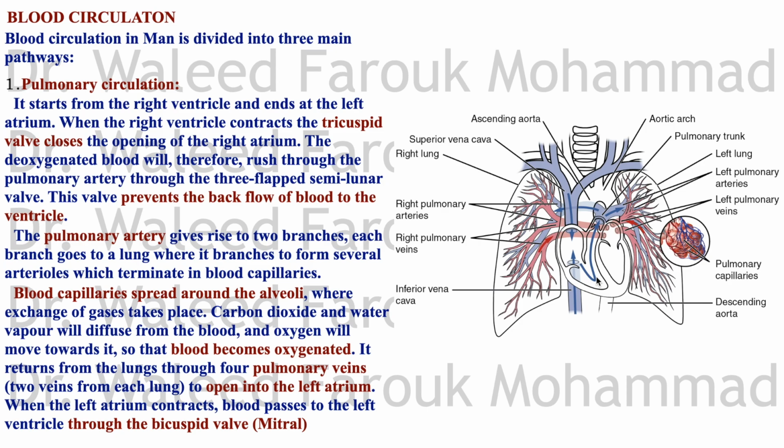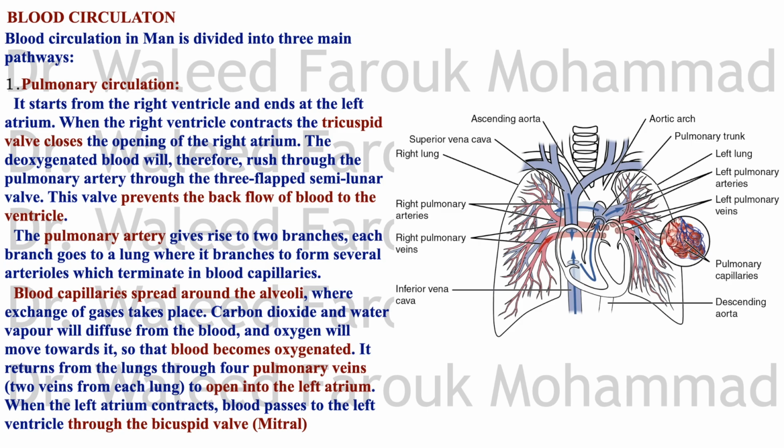So it rushes to the pulmonary trunk, which divides into right and left main branches, then subdivides in each lung till it makes a capillary bed around the alveoli, and then exchange of CO2 and O2 happens, and the blood becomes oxygenated.